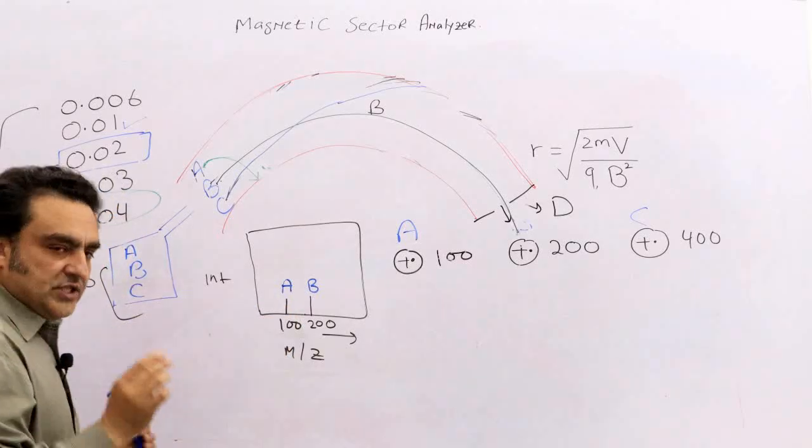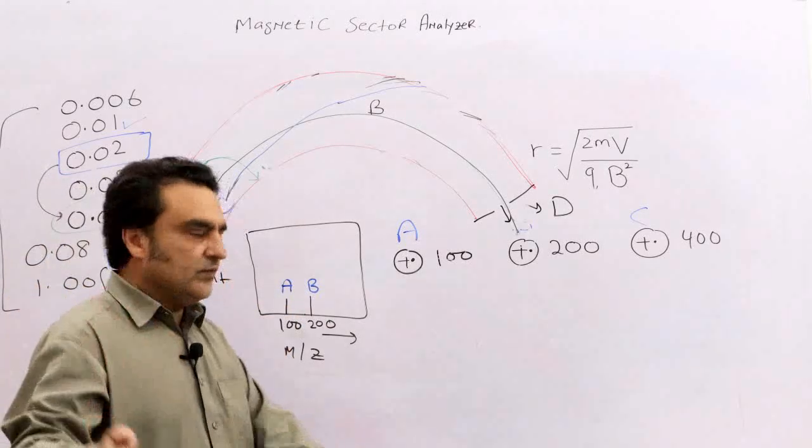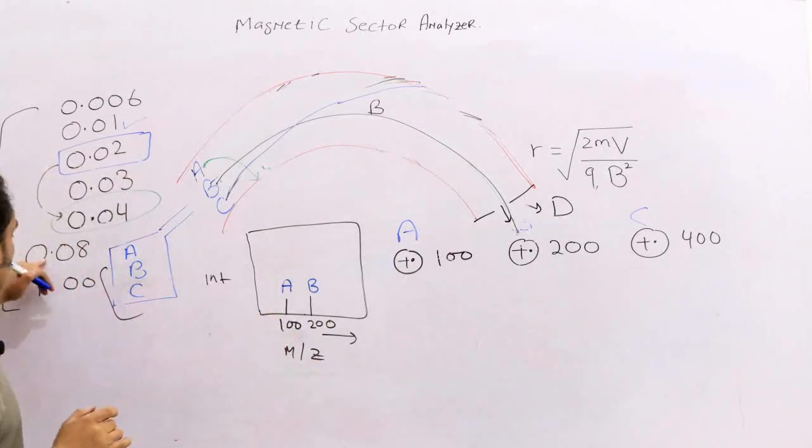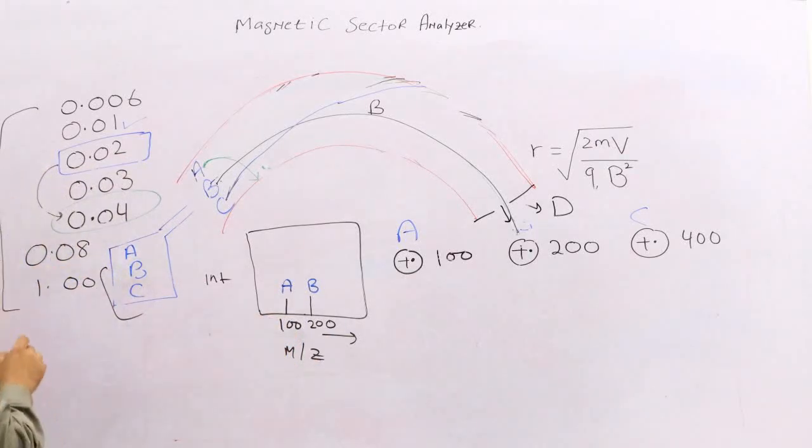Now you still have a little bit of time remaining, suppose one minute, and you increase the knob to 0.08. What will happen?